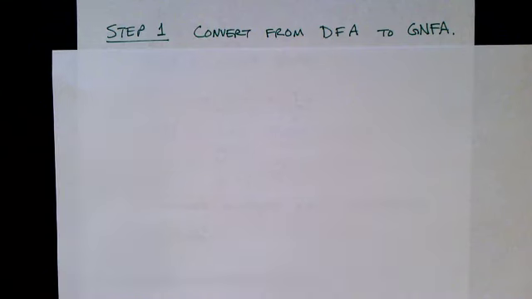So remember, we're trying to prove that for every regular language, we can build a regular expression. If we've got a regular language, it means we've got a deterministic finite state machine. We also have a non-deterministic finite state machine to describe it, but we don't need to think about that right now.